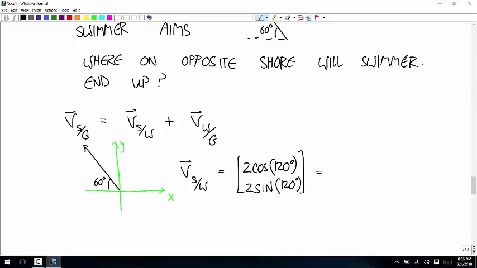And so that is negative 1, and then positive 1.732.